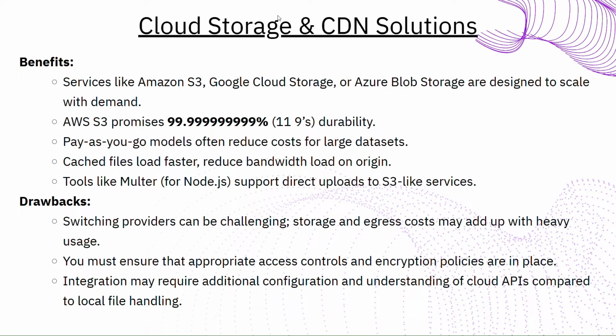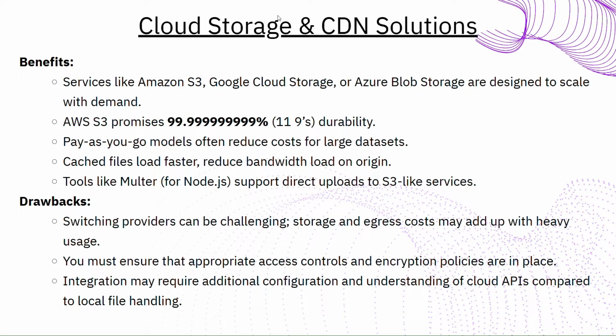Tools like Multer support direct upload to S3-like services. We have a lot of libraries that can work with these cloud providers. Multer is one of them, so if you are building a backend system with Node.js, you can use Multer. We also have libraries for Python and Java, so a lot of libraries are available that support cloud storage integration.